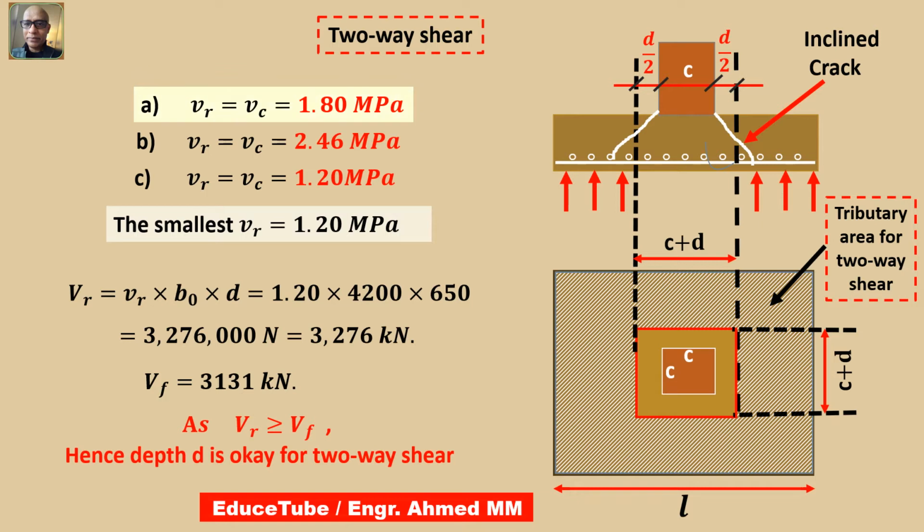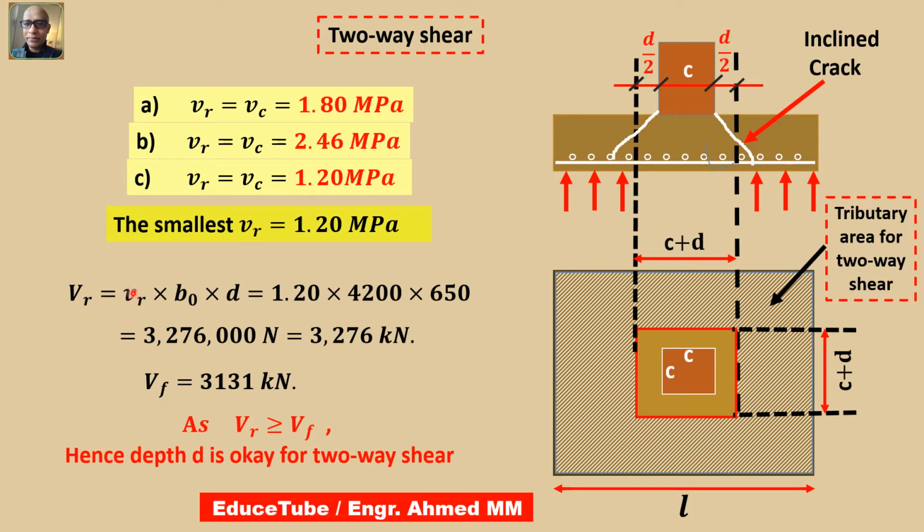So 1 we got, 2 we got, 3 we got. Now we'll choose the smallest, VR equal to 1.20 MPa. Now we'll use that in the VR equation, factored shear resistance of a section.